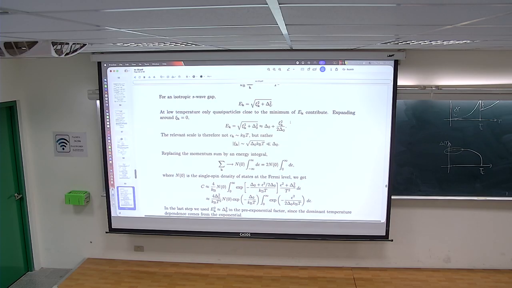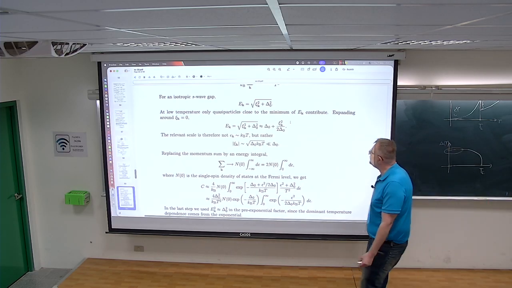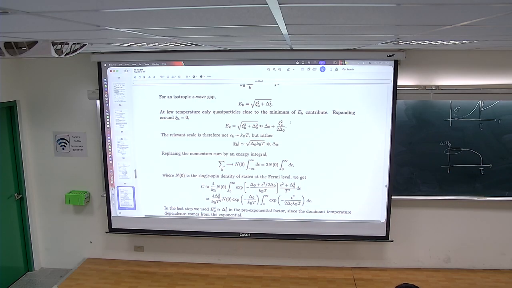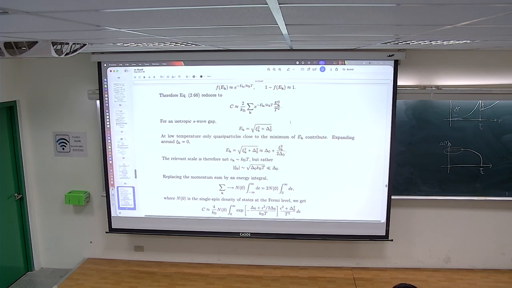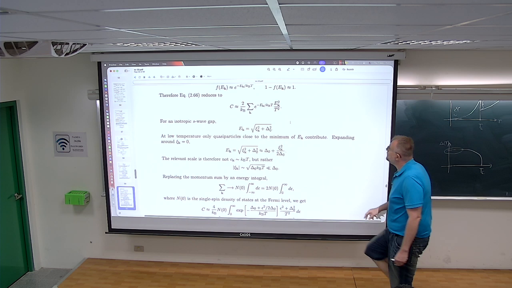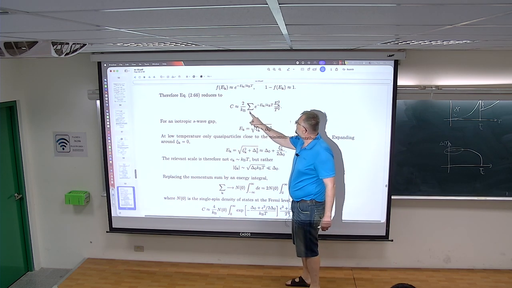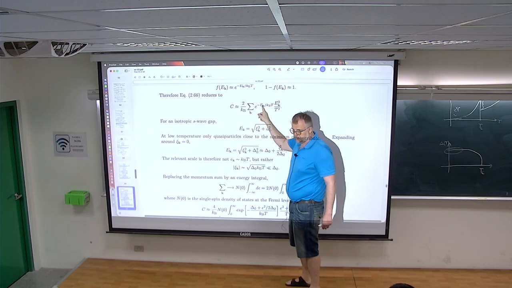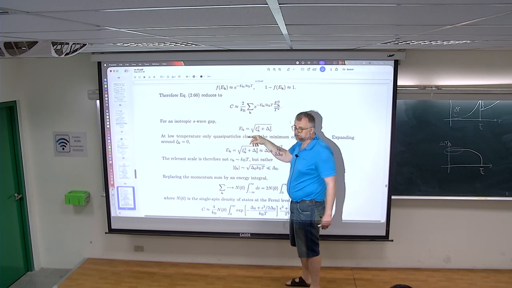So the states with minimum energy, what contributes maximally to this sum? Because there is this exponential factor here, the dominant contribution comes from the k states which have the minimum possible energy. Every other higher energy state is highly suppressed.